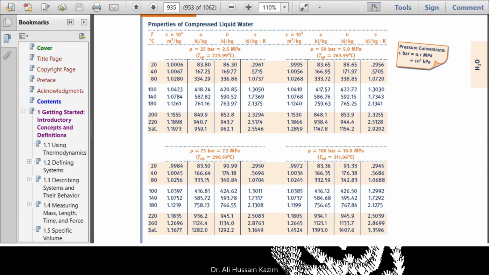We are given 40 bar for a temperature of 160 degrees Celsius. Here we have temperatures of 140 and 180. And we have to find the specific volume and the internal energy.